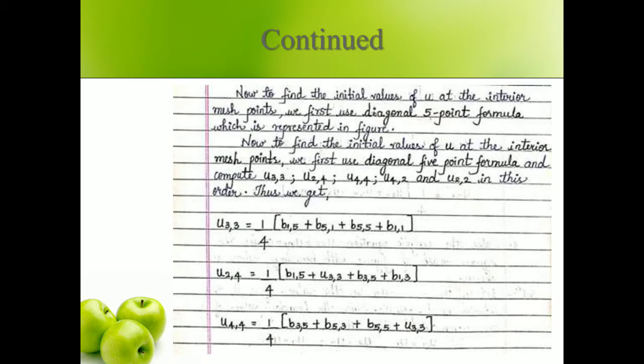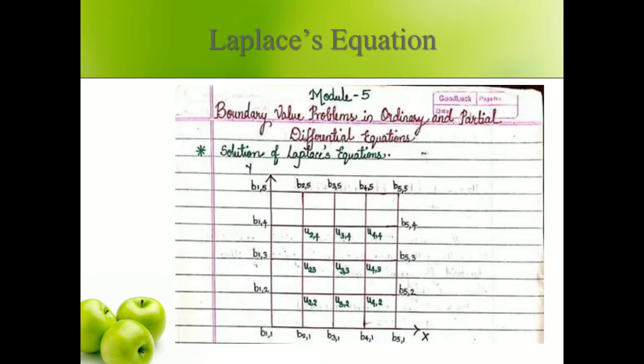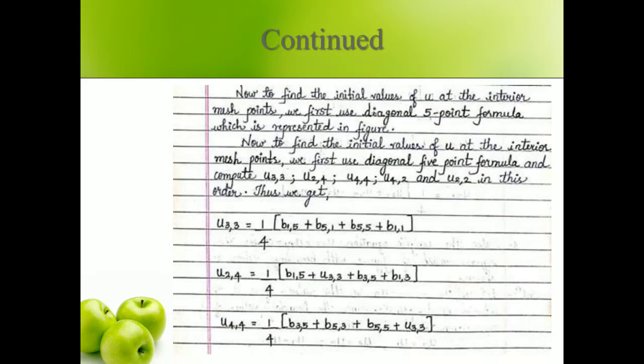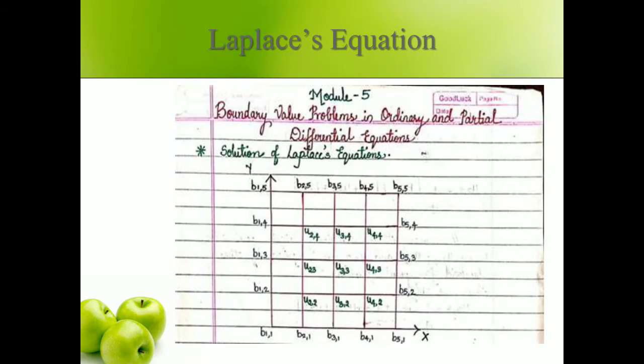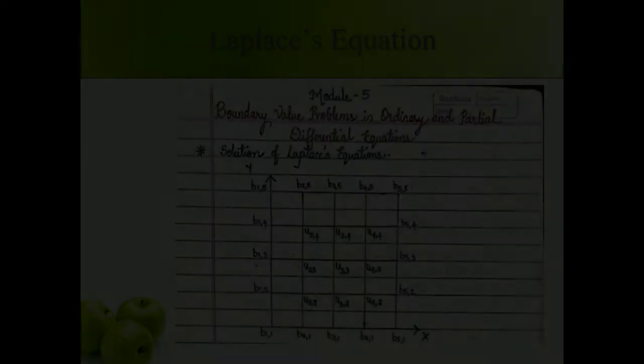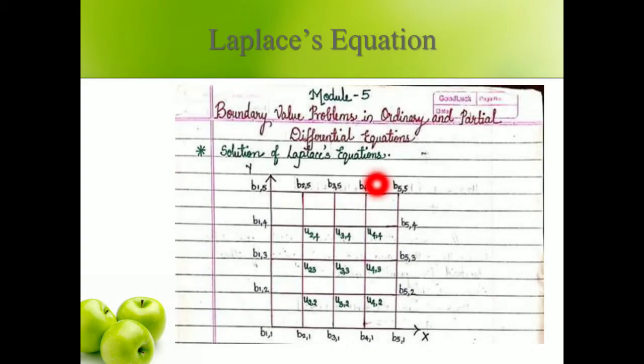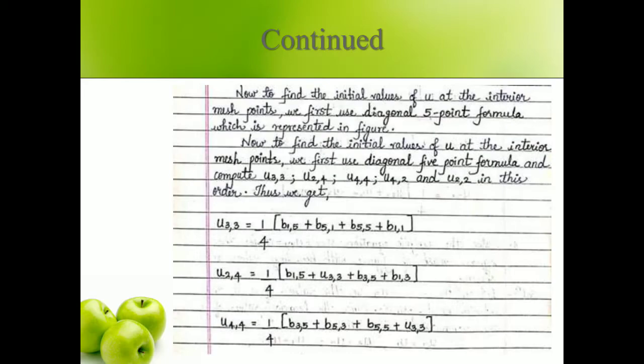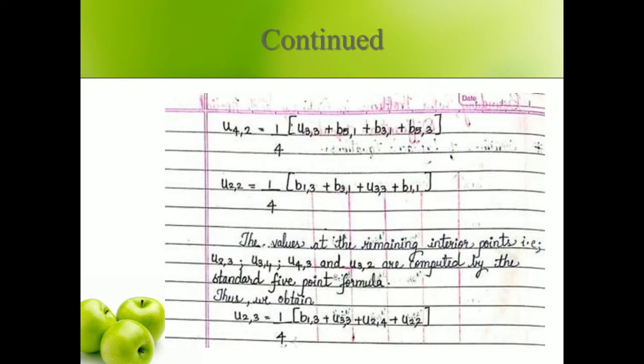For u44 you will be using b35, b53, u33 and b55. Like that you will be taking the diagonal elements.